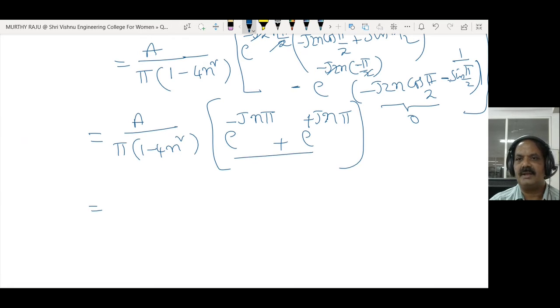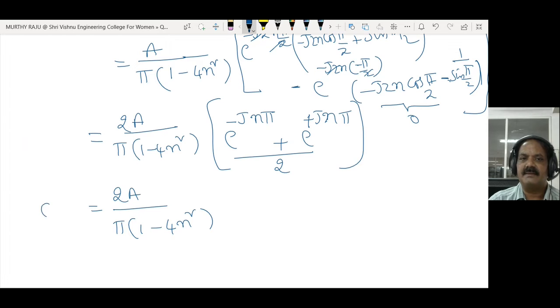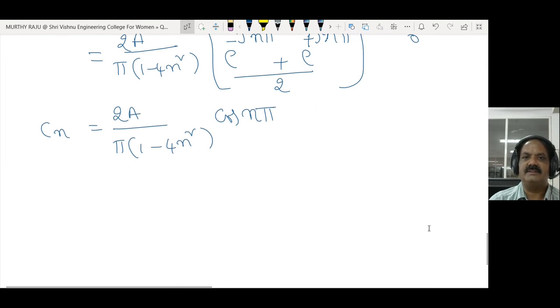Here the 2 is not there, so the numerator and the denominator are multiplied by 2. Cn is 2a by pi into (1 minus 4n squared), times (e^(jn pi) plus e^(-jn pi)) by 2, which is cos n pi. Find the values where n is equal to 0, plus or minus 1, plus or minus 2, plus or minus 3, and so on.